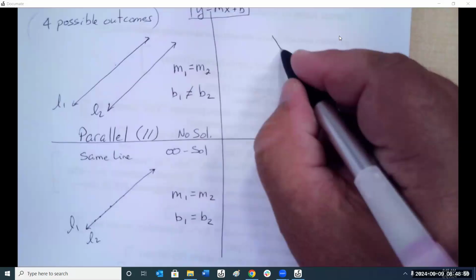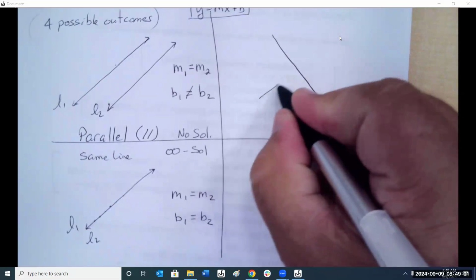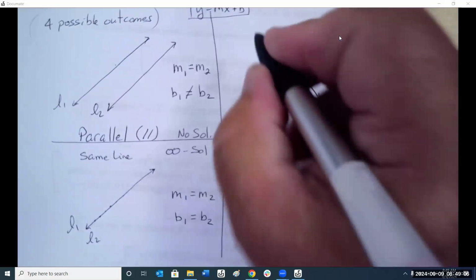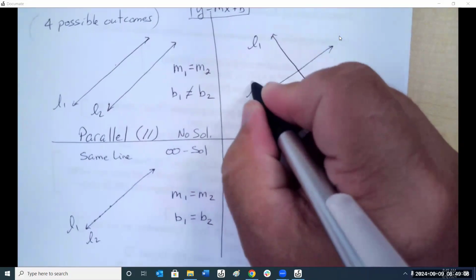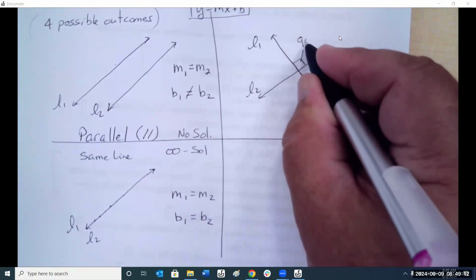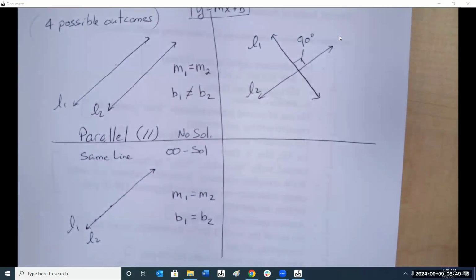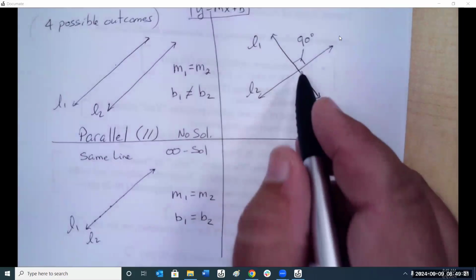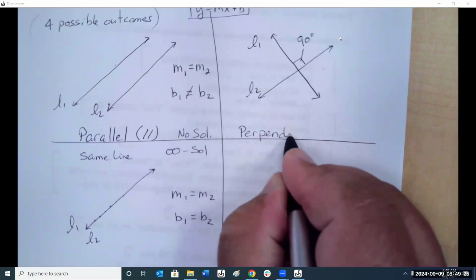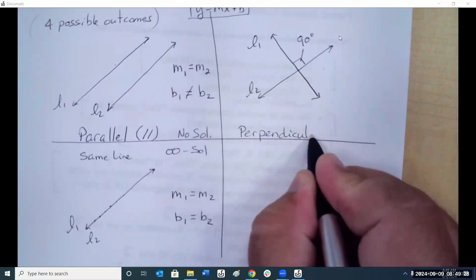What if the slopes are different? Two possibilities occur here. Here's line 1, here's line 2. If they cross at 90-degree angles, in other words, they create a right angle, then we say they're perpendicular.